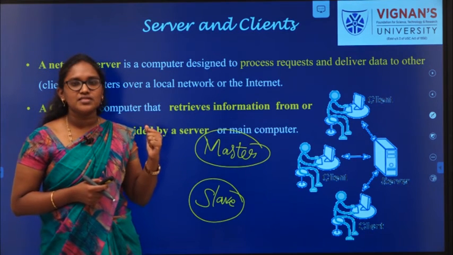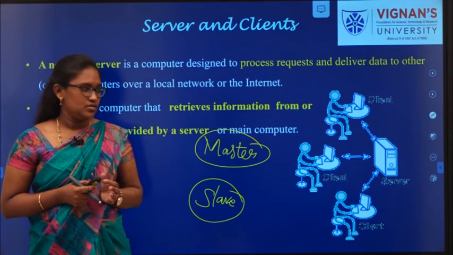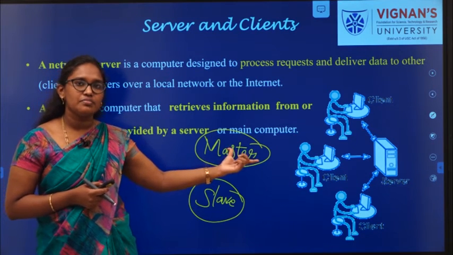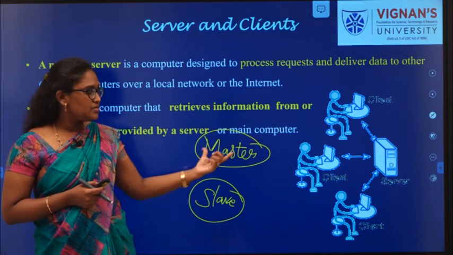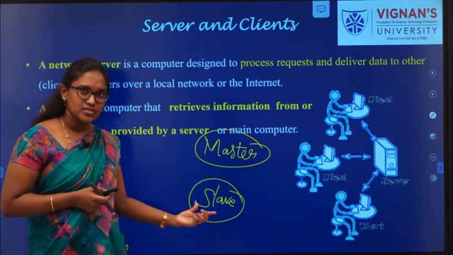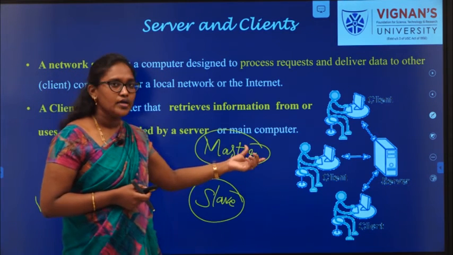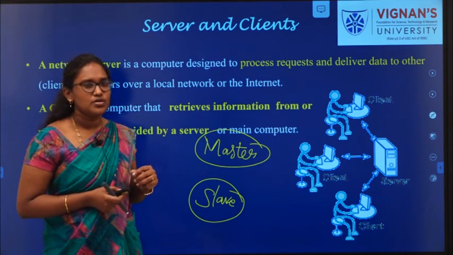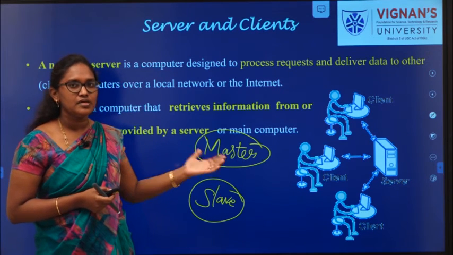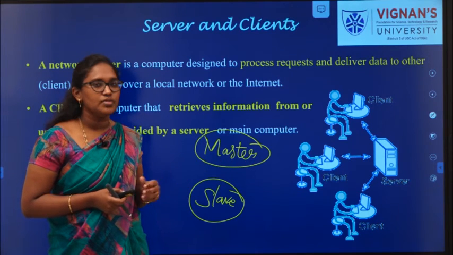Master always has the capability to command the slaves, right? Does the slave command the master? Never. What is the work of a slave? Whatever work the master has given, he has to work on it and return it to the master. So master commands, slave obeys. That is the general funda of these terminologies, right?